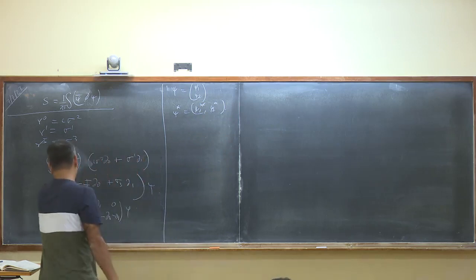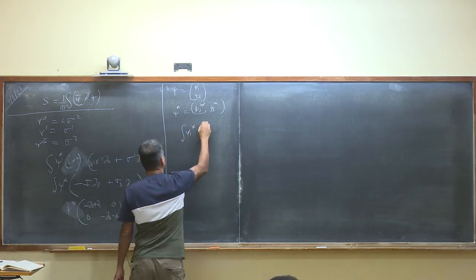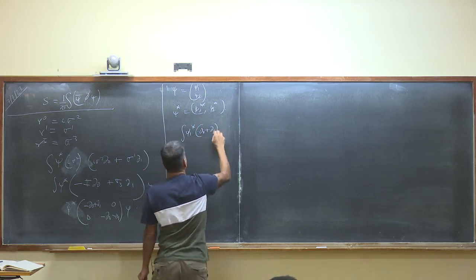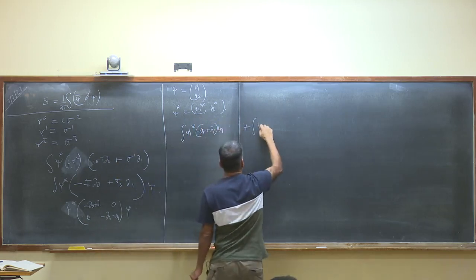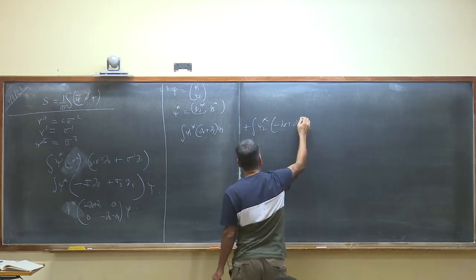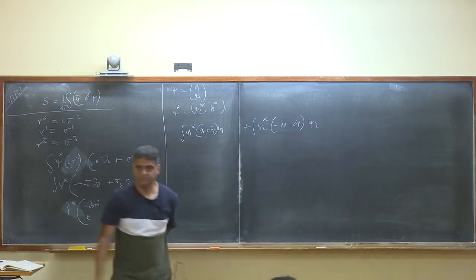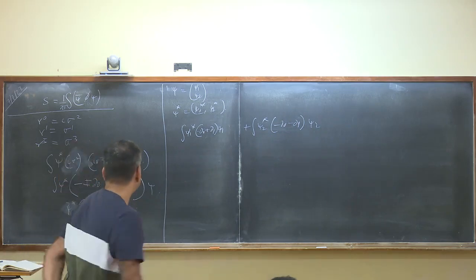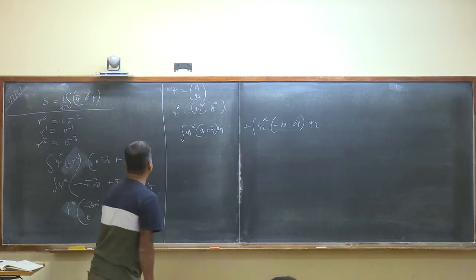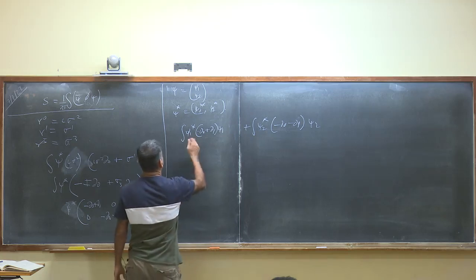Since this matrix is diagonal, we see that we get psi 1 star times minus del 0 plus del 1 acting on psi 1, plus psi 2 star times minus del 0 minus del 1 acting on psi 2.